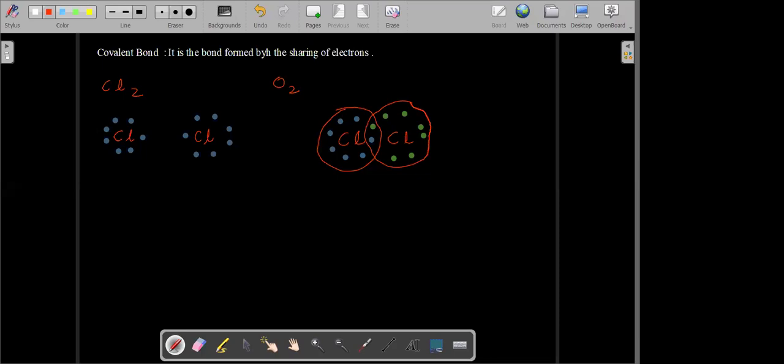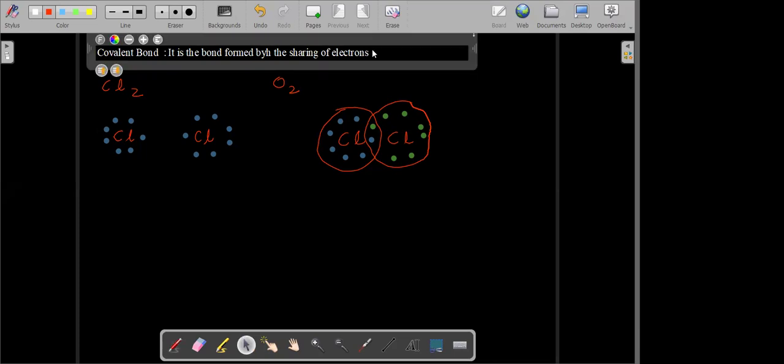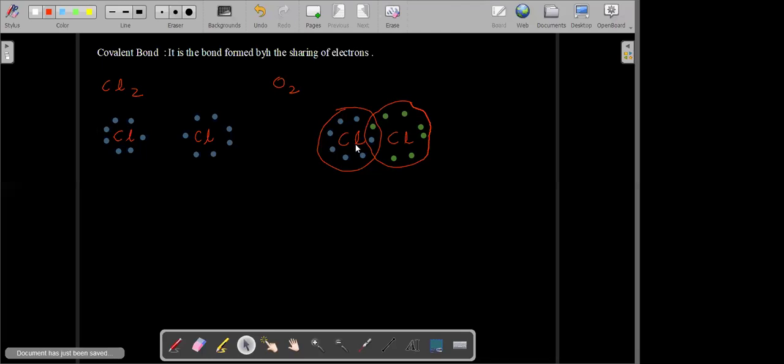The condition for the covalent bond is that the number of electrons an atom gains as shared electrons will be the same as the number of electrons it contributes. For example, this first chlorine contributed 1 electron, so it is also gaining the benefit of 1 electron from the other chlorine.